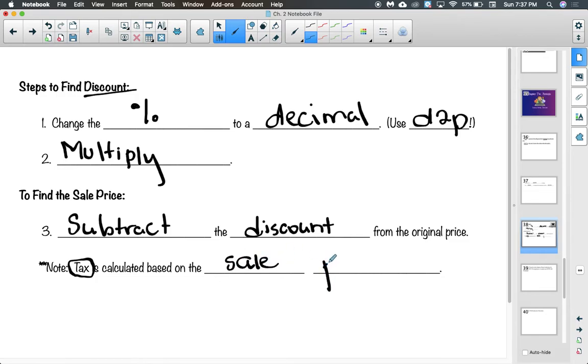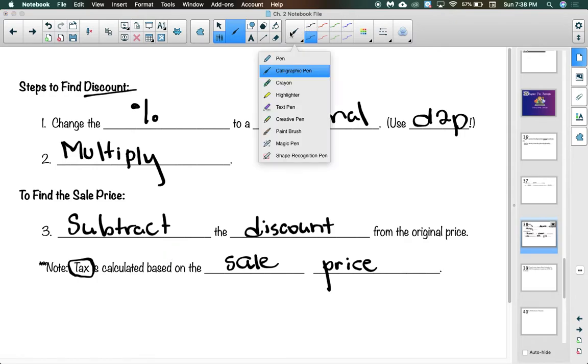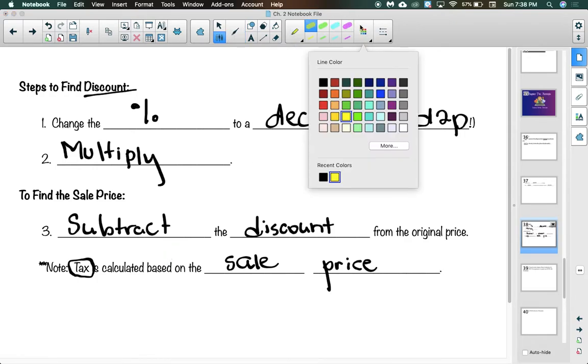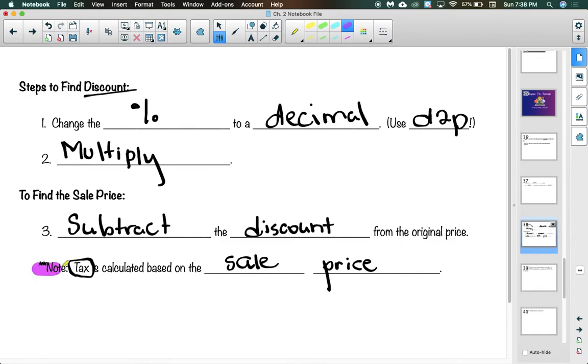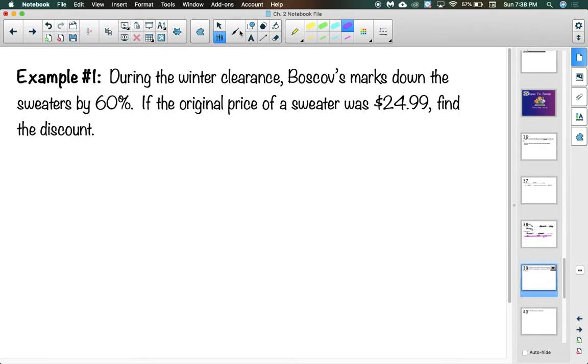You only pay tax based on the amount of money you pay for the item, not for the original price. So that's something very, very important to know. If I were you, I'd put a star next to this. I'm going to highlight it really quickly because it is very, very important for us. Let's choose the pink highlighter. It's very, very, very important for us to know that when we have to find tax, we're finding tax based on the sale price.